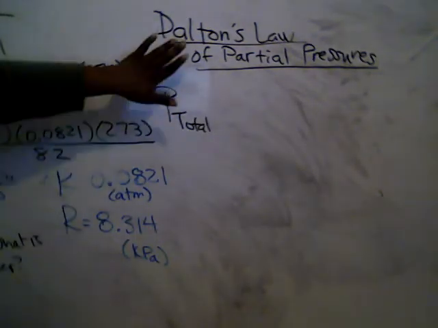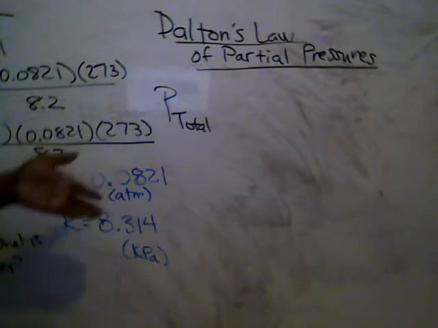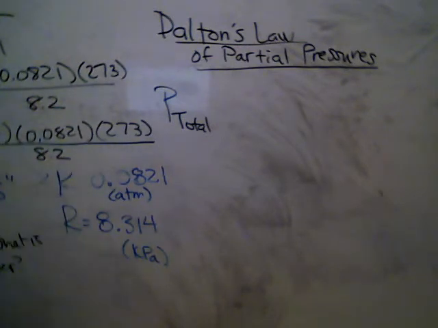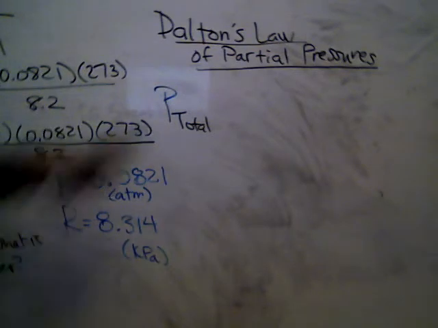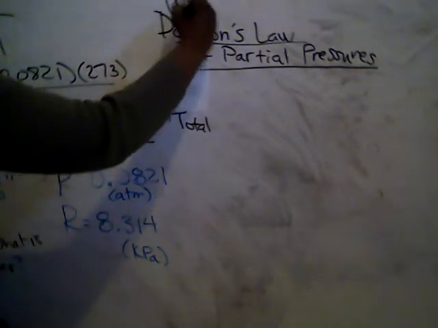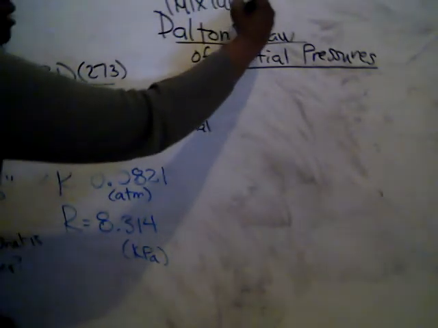Now his equation deals with mixtures of gases. So they may say something like you're adding nitrogen and oxygen and hydrogen together in a container. So his law deals with mixtures of gases.